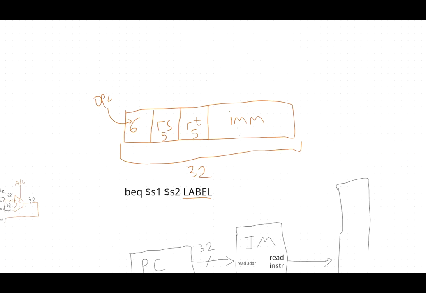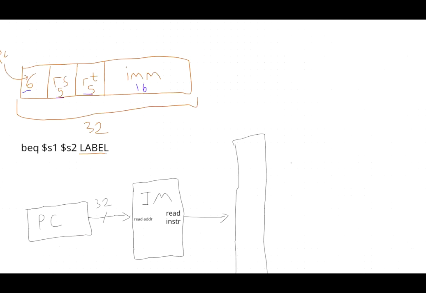We know the whole thing is 32. The opcode is always 6, registers are always 5, so this has to be 16 to add up to 32. That's how it's broken up.